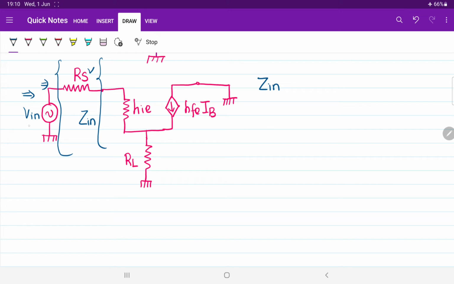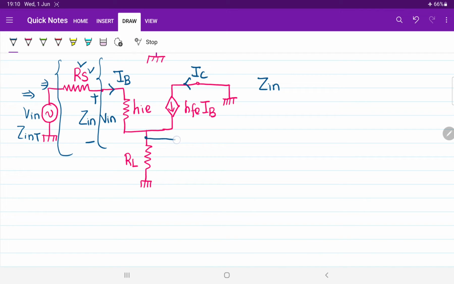Are you getting me? So the difference is that for total input impedance from the source, we have to consider the source resistance also. But when you are considering the effect of only input impedance, in that case you need not consider the effect of source resistance. Simply consider the value of input voltage from here, and you know the transistor will be consuming a current called base current IB, and from this side we are having collector current IC.